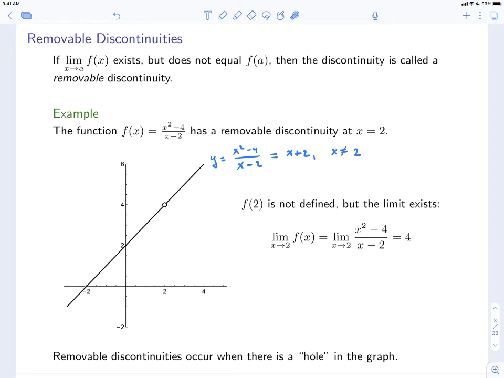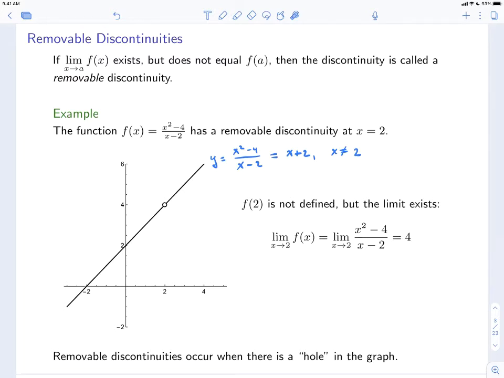In a case like this, you find a hole in the graph, and the hole can exist because the function is undefined there, or if it is in some sense misdefined, and f of 2, in this case, was defined to not equal 4. If that were to happen, then there would still be a removable discontinuity here.